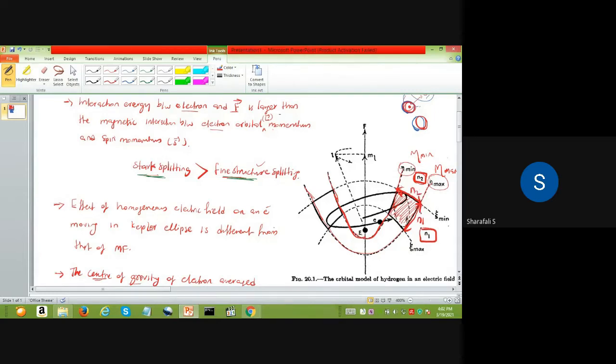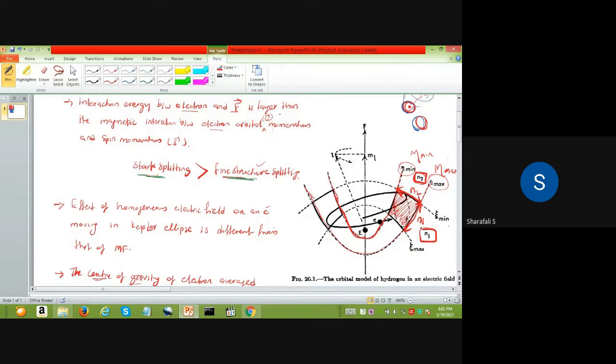These values will restrict the electron path or motion to that particular region. So the values of n1 and n2 will determine the area in which the electron can have different paths. These are the two new quantum numbers.